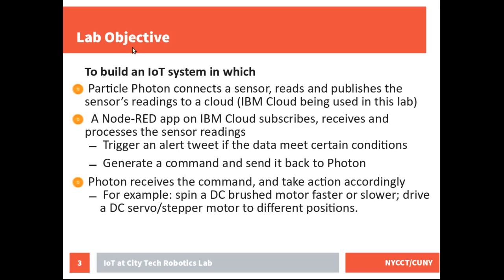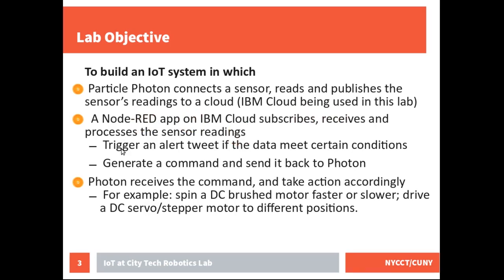After that, I will show you the entire procedure. Here's the lab objective. In this lab, we're going to build an IoT system in which a Particle Photon connects a sensor, reads and publishes the sensor's reading to a cloud. We're going to use the IBM Cloud in this lab. A Node-RED app running on IBM Cloud subscribes, receives, and processes the sensor readings.